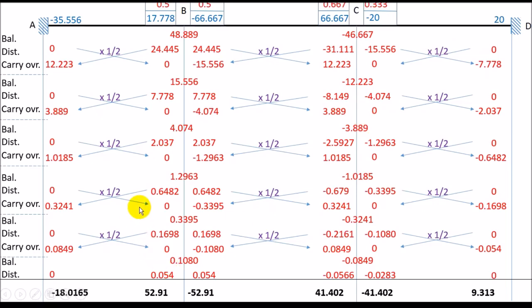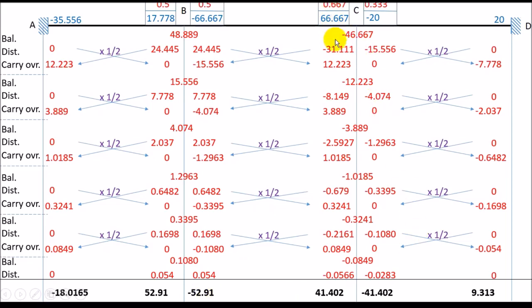Again we'll add these values now: minus 66.667, 24.445, minus 15.556, plus 7.778, minus 4.074, plus 2.037, minus 1.2963, this value, this value, this value, this value, and this value. So we get minus 52.91.